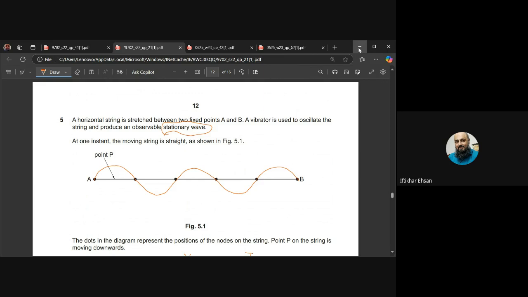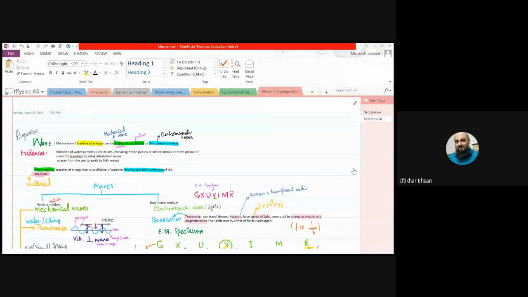Beta ji, for that I have to move to the notes of the syllabus that we were doing. So let me share the screen with you. Can you see the notes?